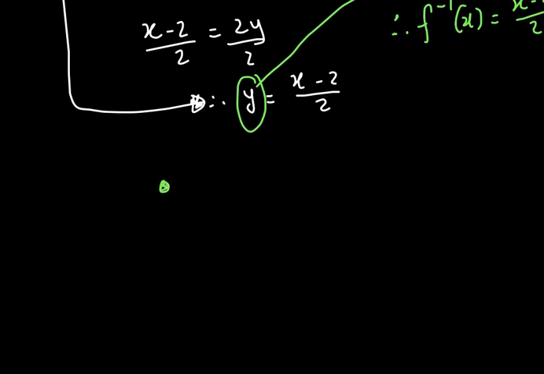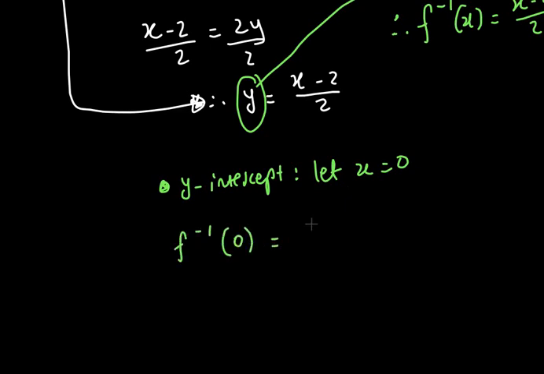The only 2 things you're gonna need is the y-intercept. And how do you get the y-intercept? We start by saying let x equal to 0. That means where I see x, I'm gonna be putting 0. So I'm gonna have f inverse of 0 equals 0 minus 2 over 2, of which the answer is going to be -1.